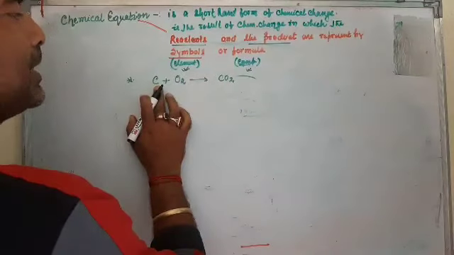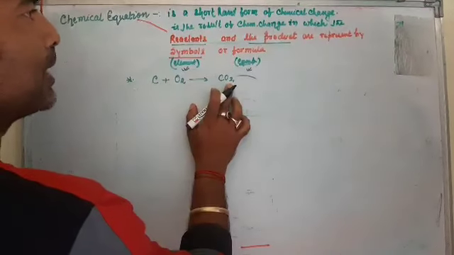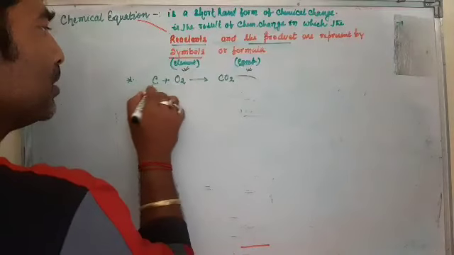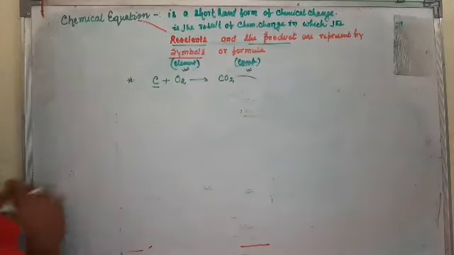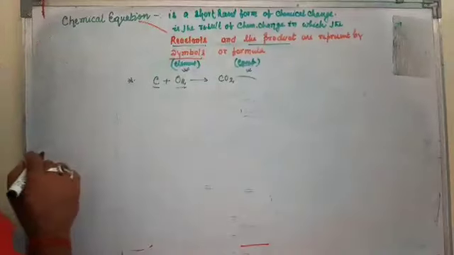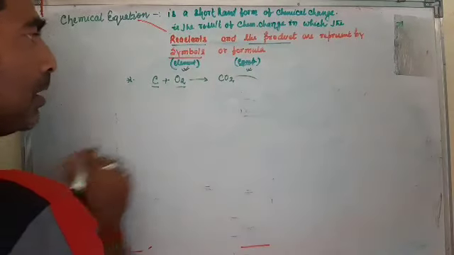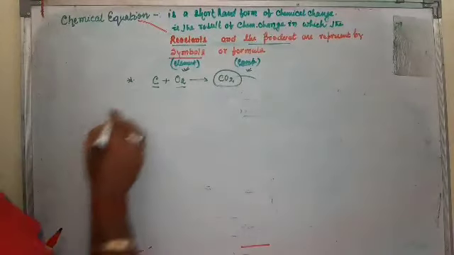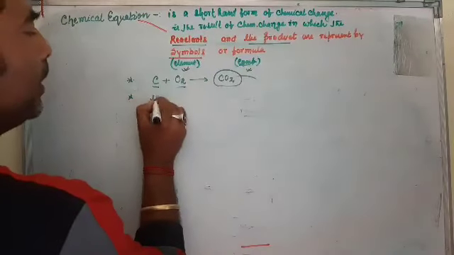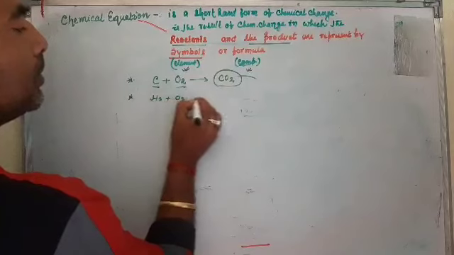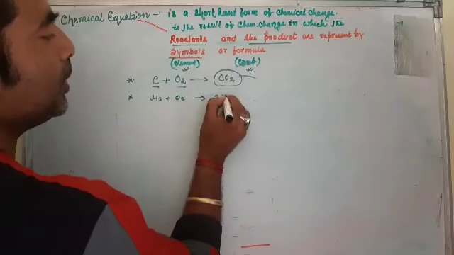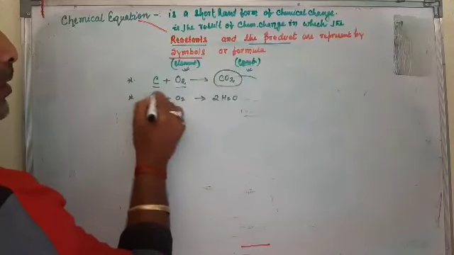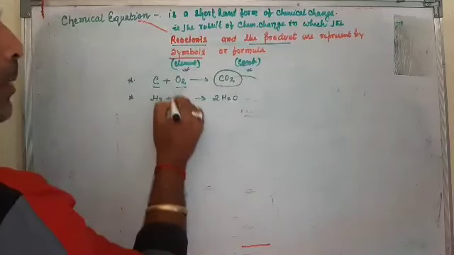The reactants and the product are represented by what? By symbols and formulas. C is the symbol of carbon, O2 is the formula of oxygen, and CO2 is the formula of carbon dioxide. One more: H2 plus O2 gives 2H2O. H2 is the molecular formula of hydrogen and O2 is the molecular formula of oxygen.